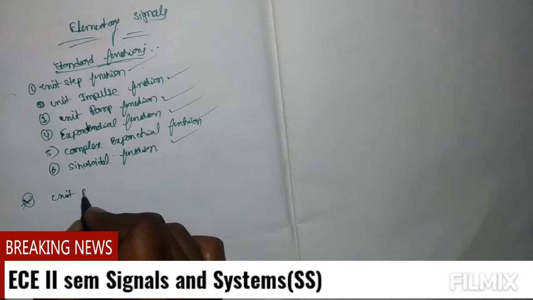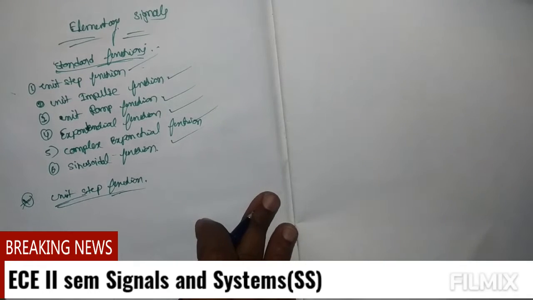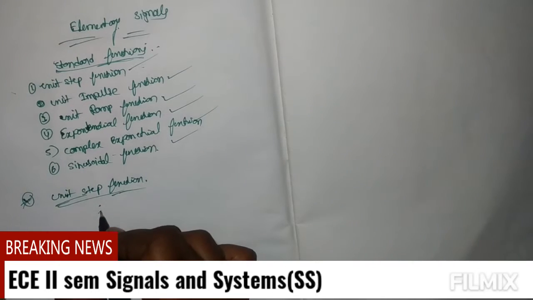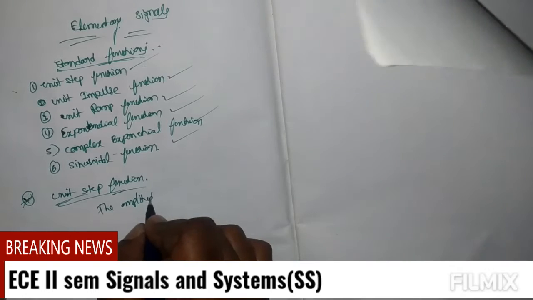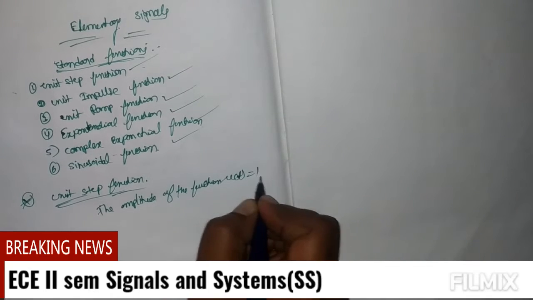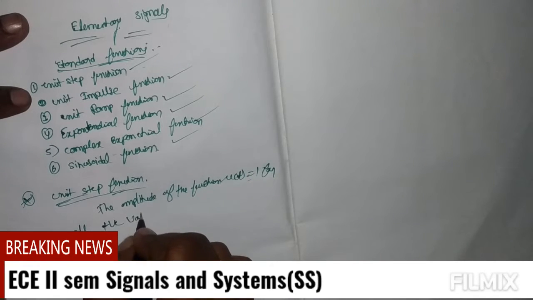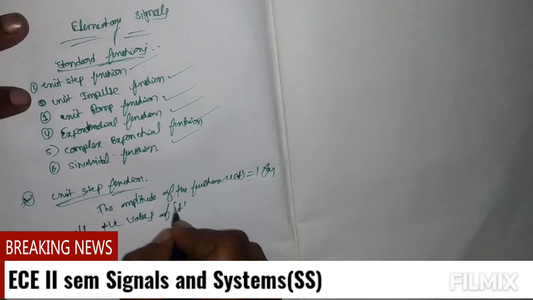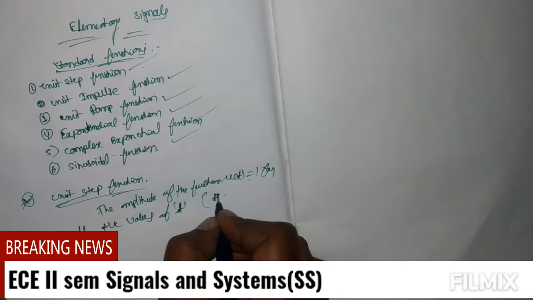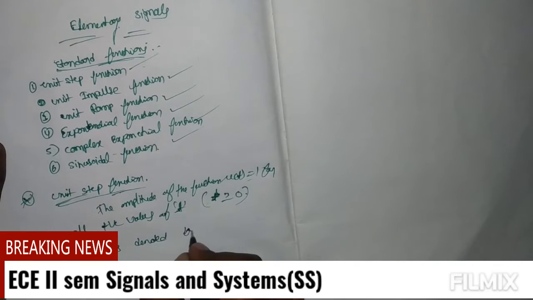Coming to the unit step function, in this the amplitude of the function u of t equals 1 for all positive values of t, that is t greater than or equal to 0. It is denoted by u of t.